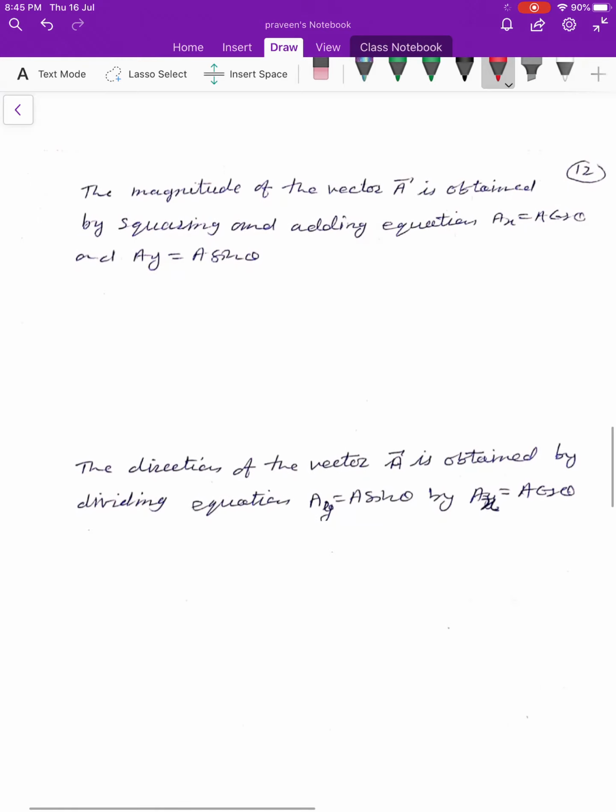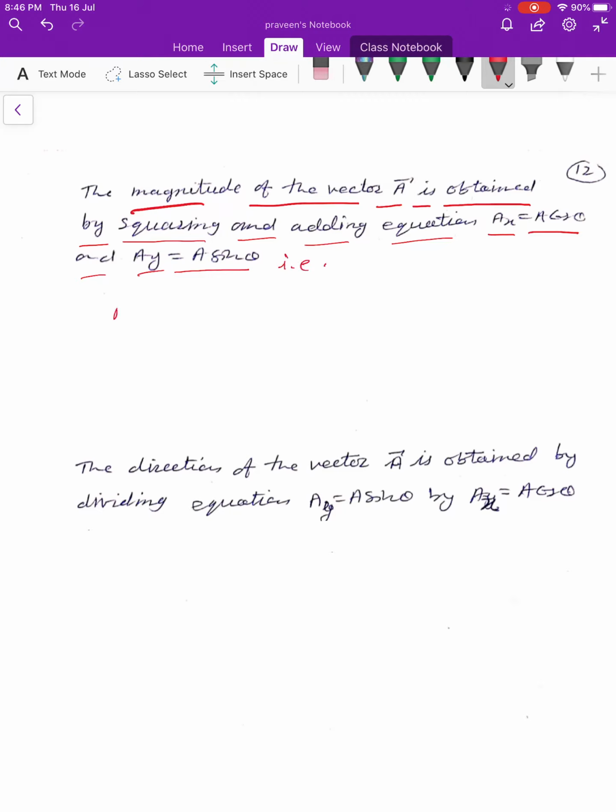The magnitude of the vector A is obtained by squaring and adding the equations Ax = A cos theta and Ay = A sin theta.